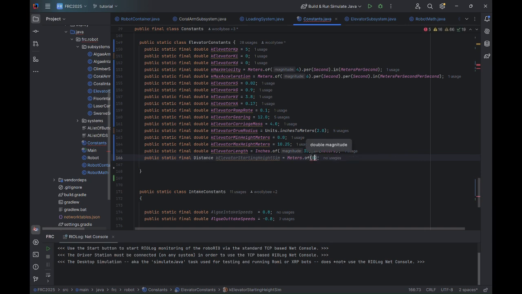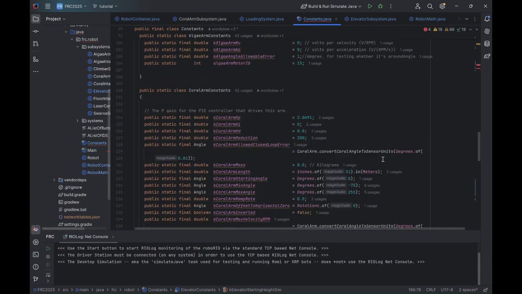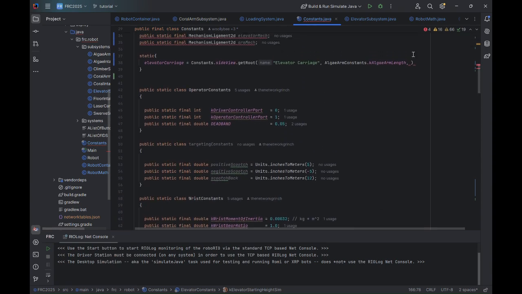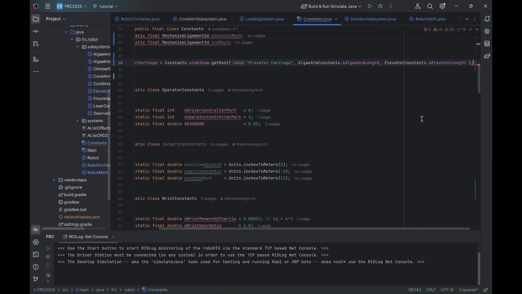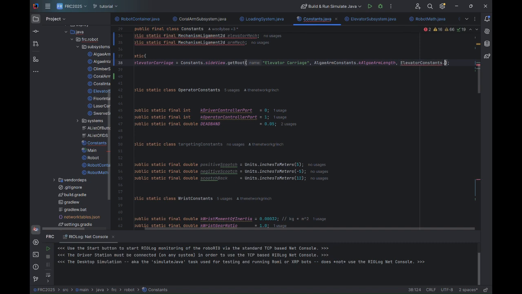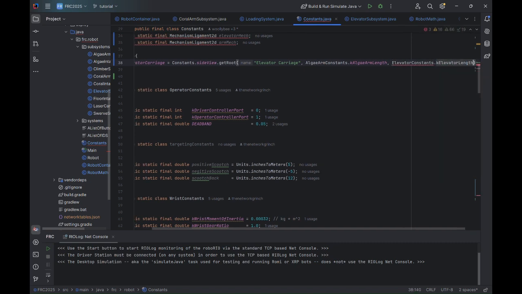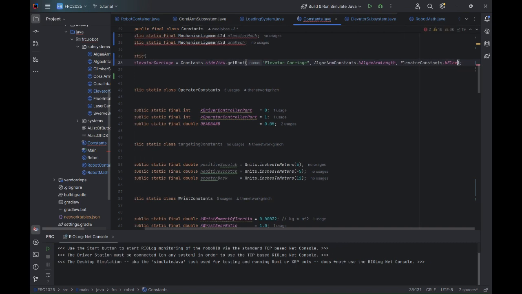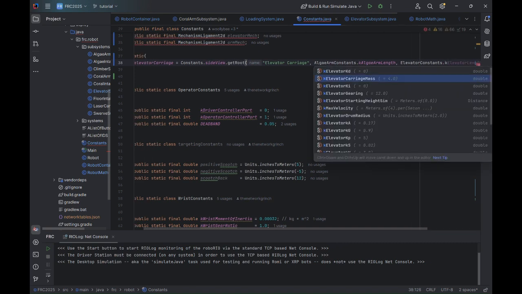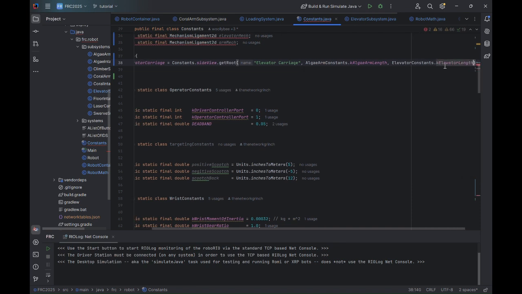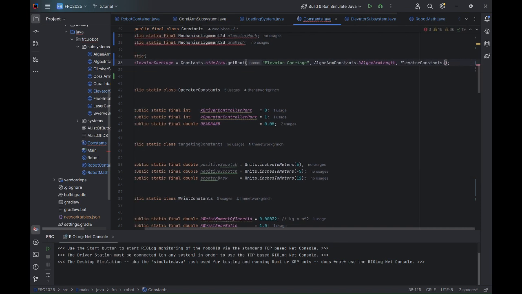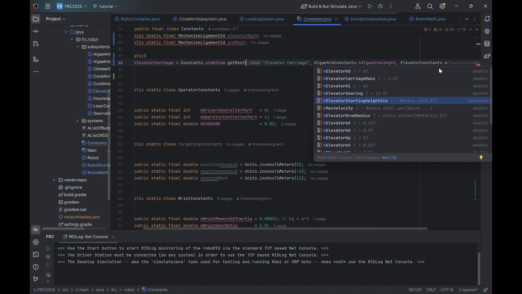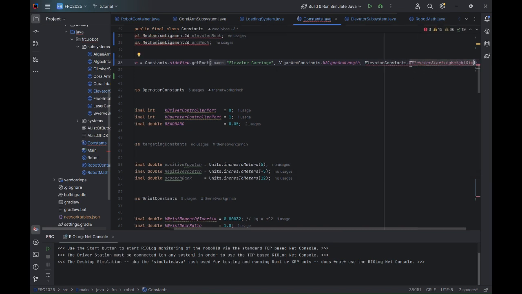Meters of sim 0.0. Does that work? Yeah. That works. No. That's not what I want. Yeah. That's not the starting.